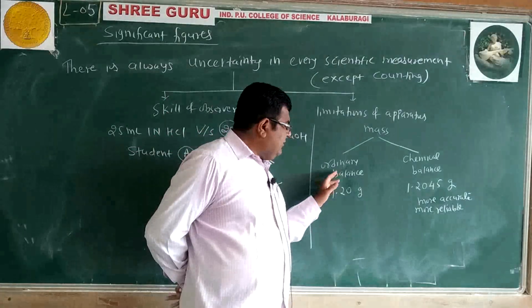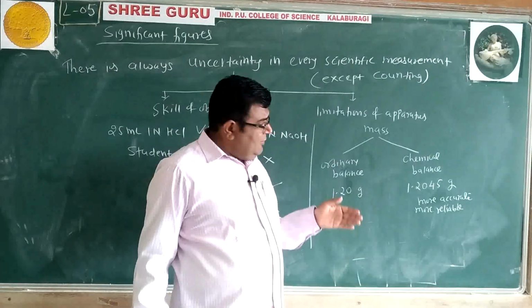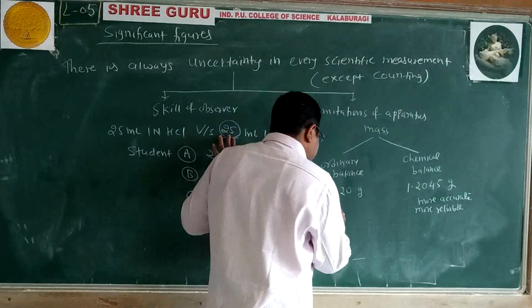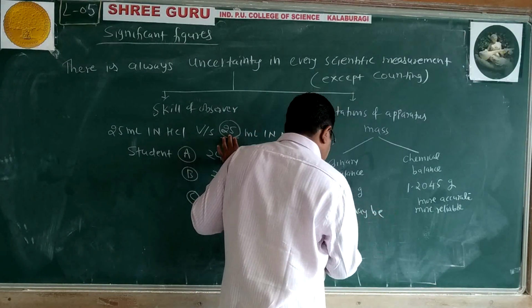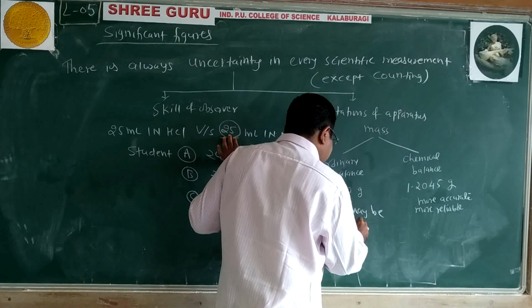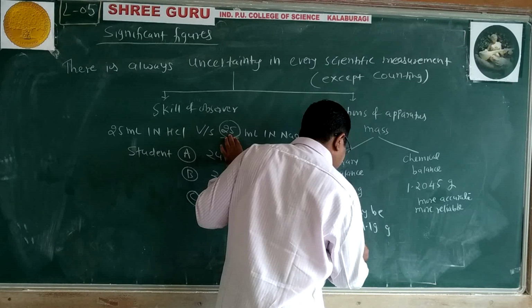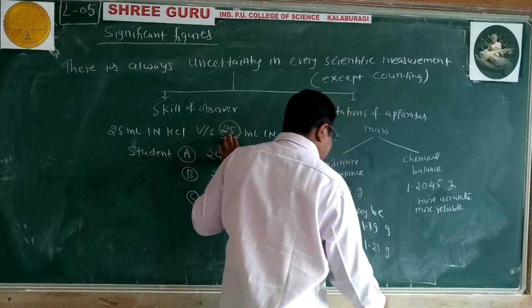So when a reading is 1.20 gram, there is a possibility that the mass may be in between 1.19 gram to 1.21 gram.